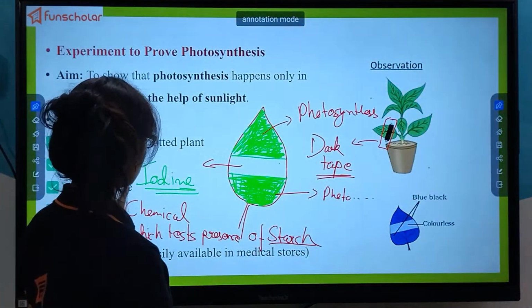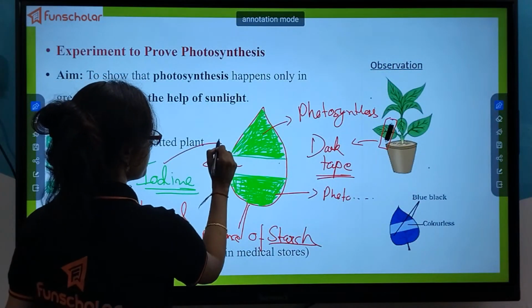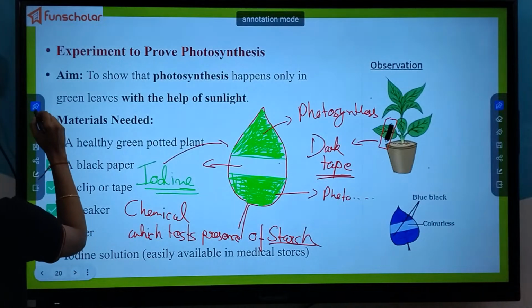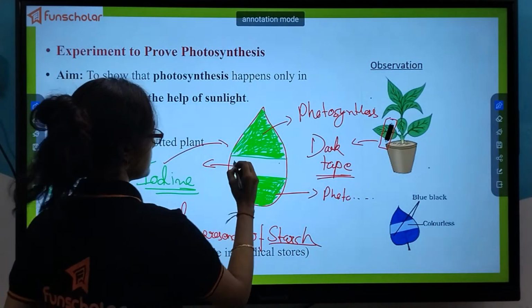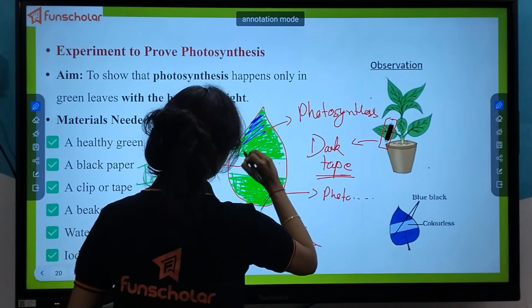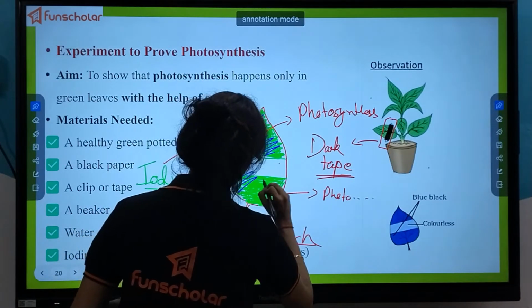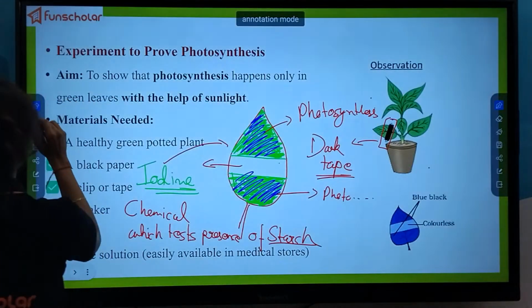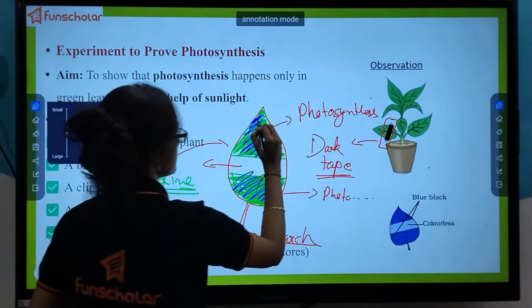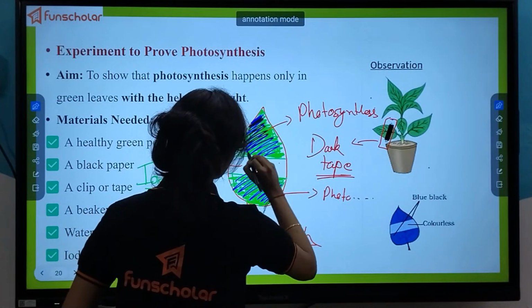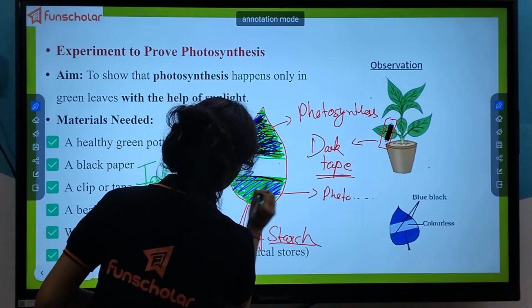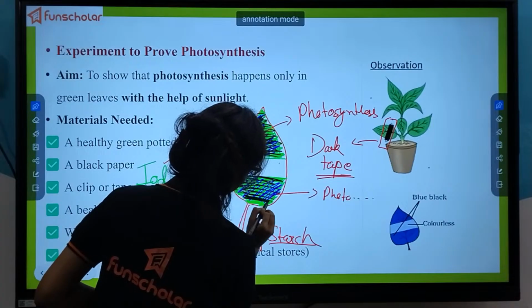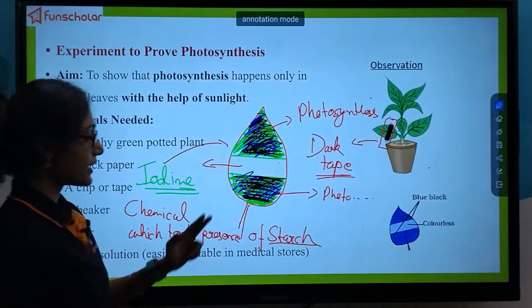Okay. Now, when you put iodine solution to the plant, what happens? This part and this part, they will show blackish blue color. Okay?